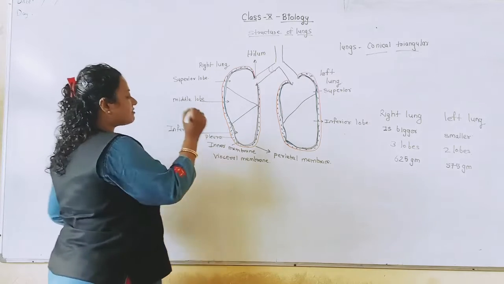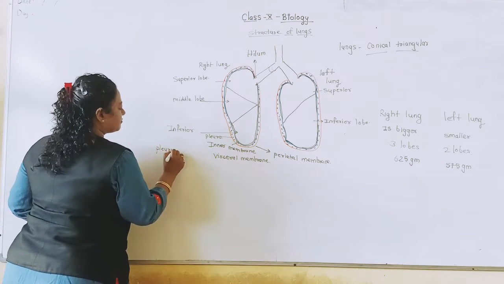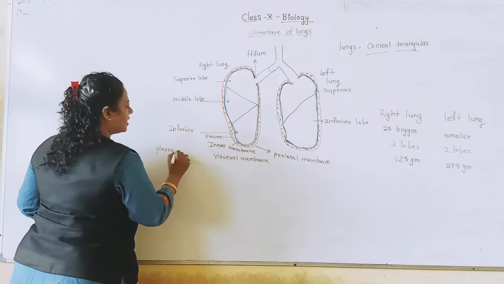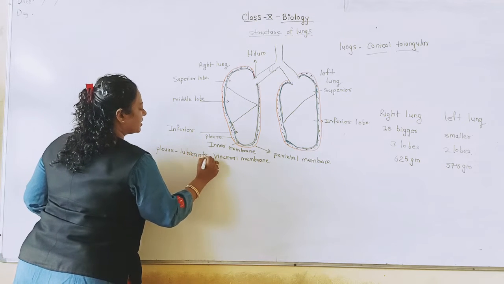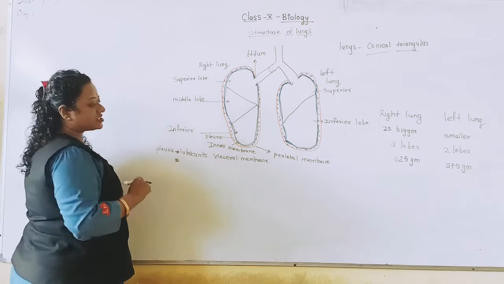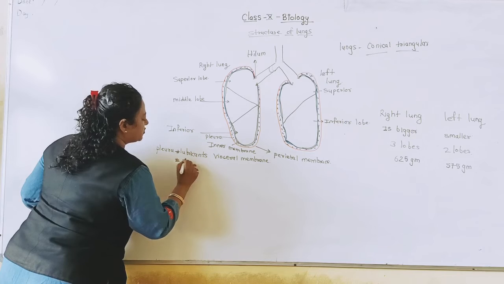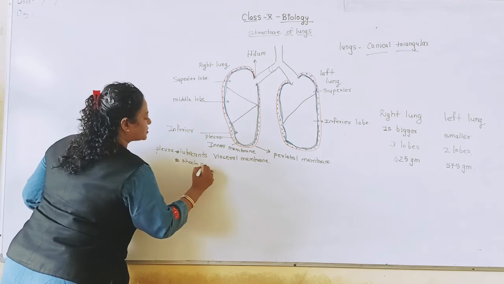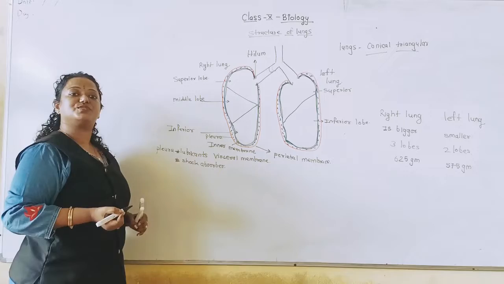Pleura. What is the function of this pleura? The function of the pleura is it works like a lubricant. The second function of this pleura is it works like a shock absorber.